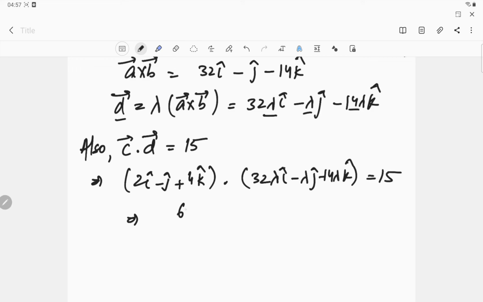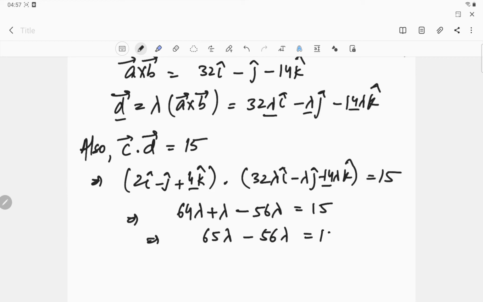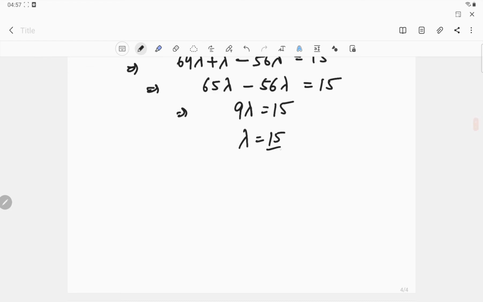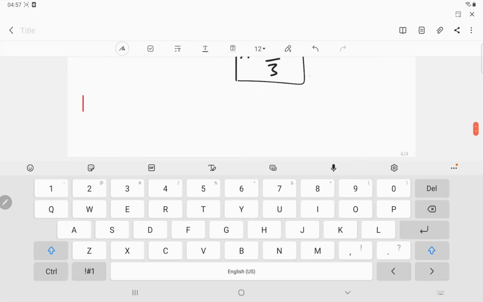So here we are going to solve 64 lambda plus lambda minus of 4 into 14 is 56 lambda is equal to 15. So here 65 lambda minus of 56 lambda is equal to 15, or we can say 9 lambda is equal to 15, or lambda becomes equal to 5 upon 3. So we are getting lambda, the value of lambda is 5 upon 3.